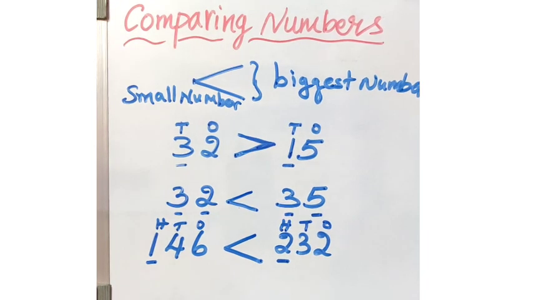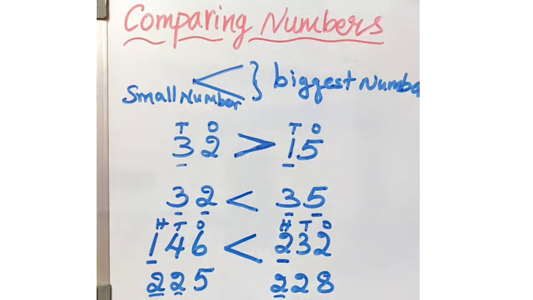Now let us take one more example, 225 and 228. Now here both are 3-digit numbers. We have to compare the hundreds place first. Here in hundreds place we have 2. Here also 2. Both the digits are same. So what we have to do? We have to move to the tens place.